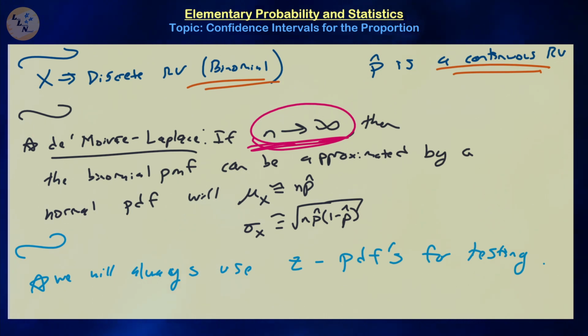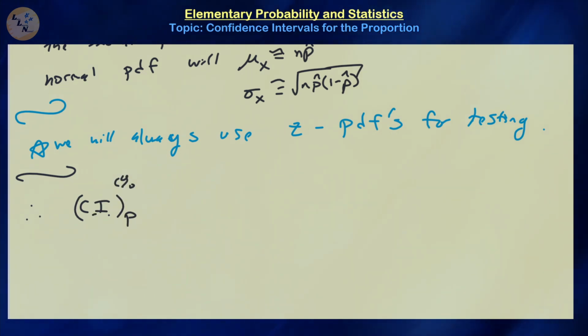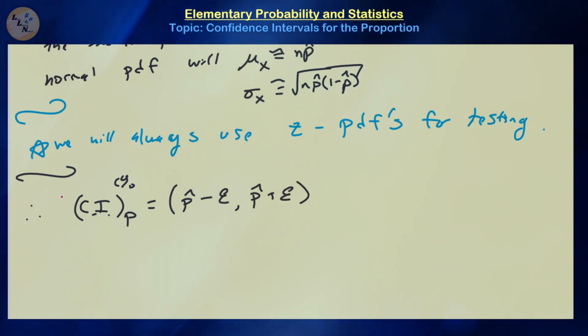So now that we have a standard error of the estimate and a distribution associated to this representation of confidence, now we can start constructing our confidence interval for the proportion. So the C% confidence interval for population proportion p. So a point estimate, of course, is going to be equal to p hat minus the margin of error, and then p hat plus the margin of error.